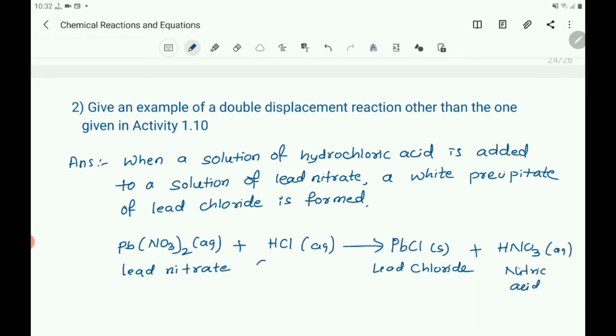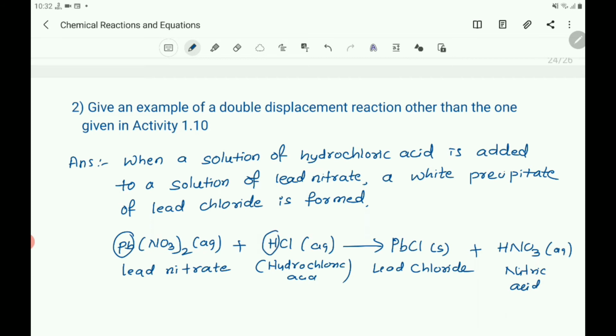Here this is hydrochloric acid or hydrogen chloride. Here this is converted into nitric acid. This is an example of double displacement. Here what happened? Pb and H are displaced.